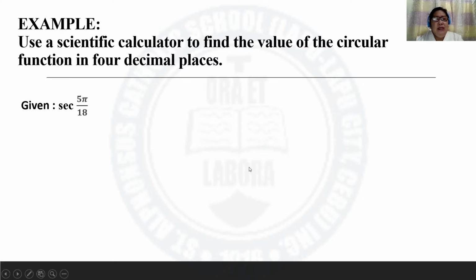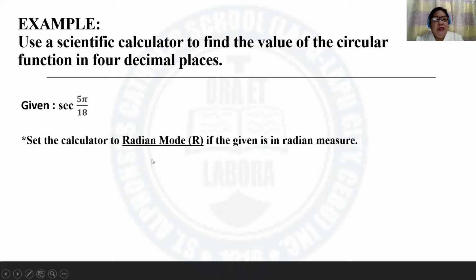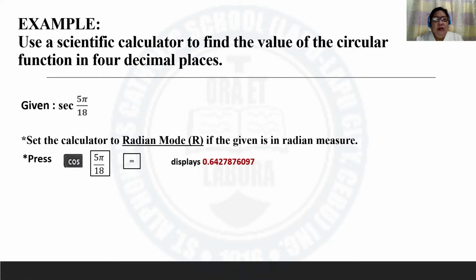Next given, secant 5 pi over 18. So again, you have to check if the calculator is in radian mode, or in the calculator it will appear R. You have to press cos because cos is the reciprocal of secant. Then 5 pi over 18, then equals, and it will give you 0.6427871697.